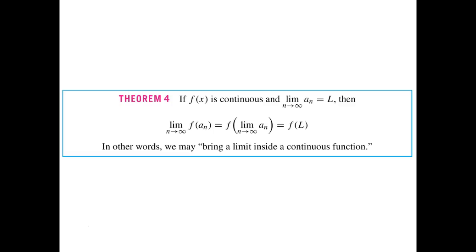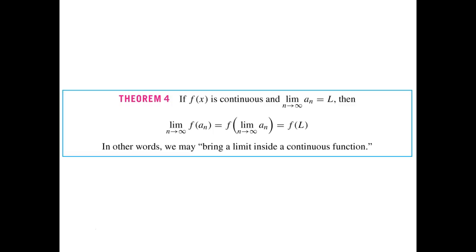It's not fluctuating. It's some fixed value, L. Then the limit as n approaches infinity of f of a sub n, which now we're taking a function of a sub n, but you're letting n go to infinity, so a sub n is going to L.